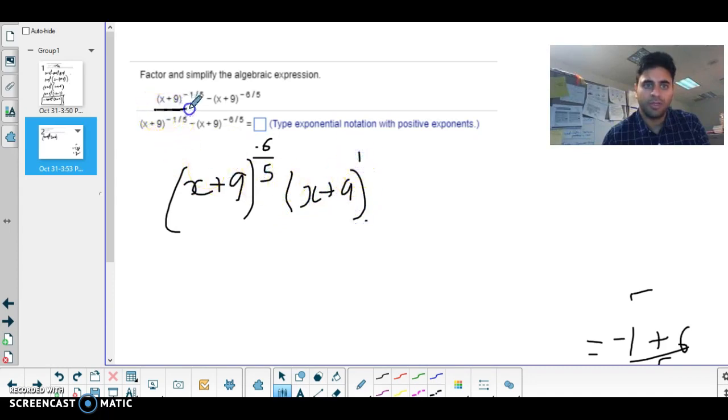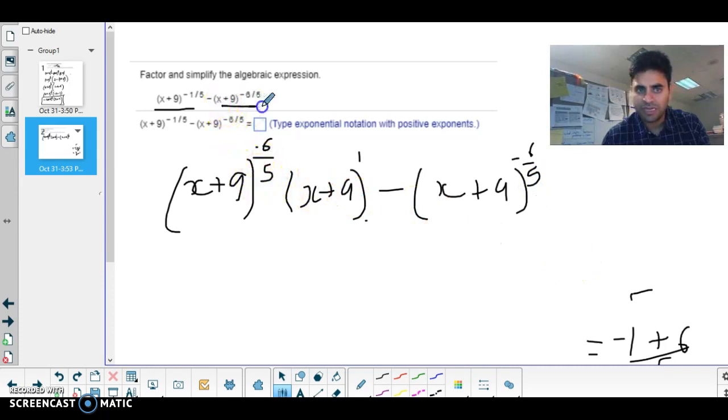This is what I did for this term. That's exactly what I write for this term, minus x plus 9 to the power negative 6 by 5. So this step, I just copied these two things. There's no change. I just copied it right here. So x plus 9 to the power negative 6 by 5.